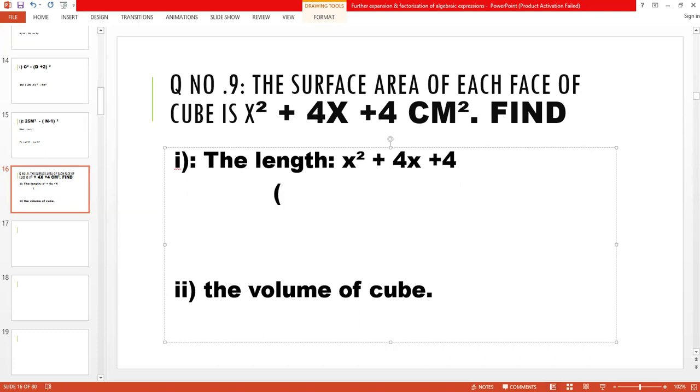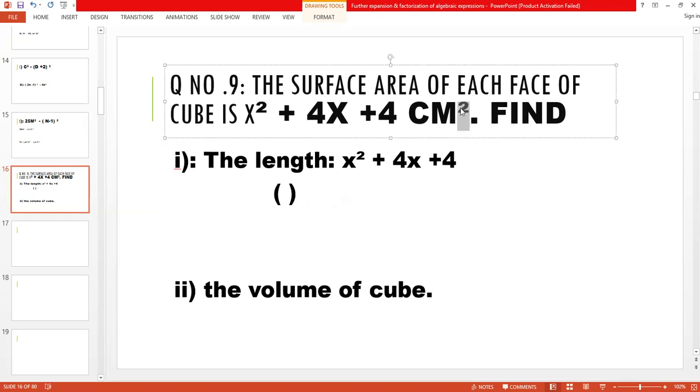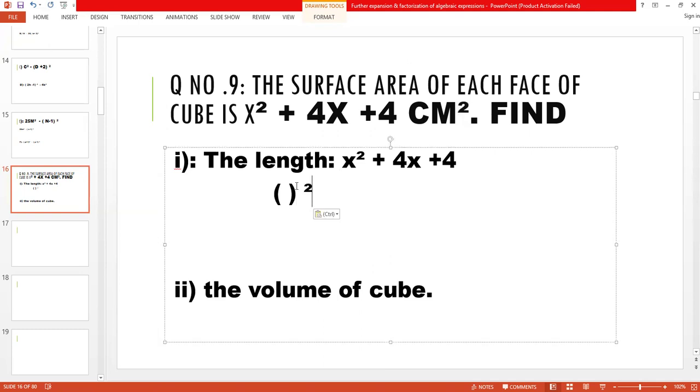So you have to write first term square, just copy down this square, then plus 2, then first term, second term, and plus second term square. Is it clear?